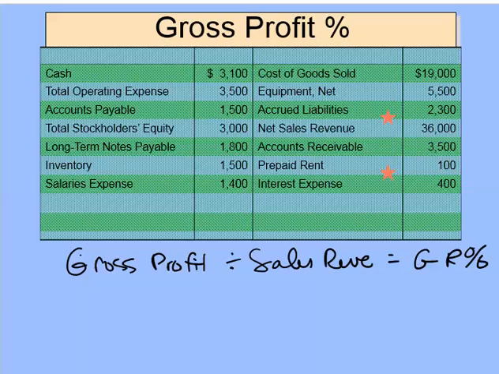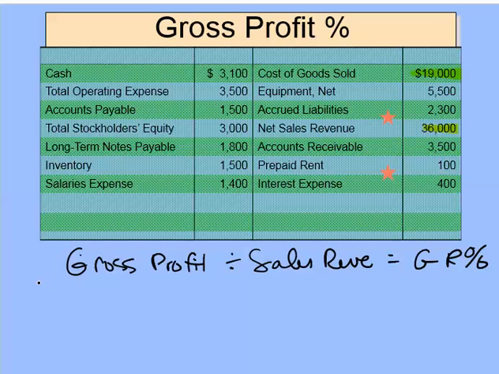Okay, so gross profit, do we have a line item up here that says gross profit? And we don't, so we're going to have to calculate that. We need to take our net sales revenue here and minus our cost of goods sold, just like we discussed a second ago.